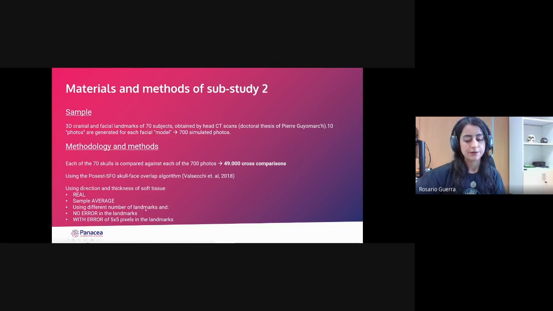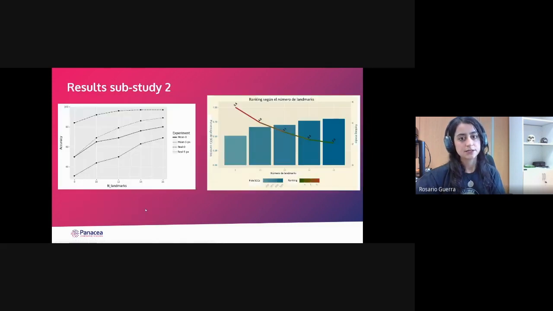Here, what we are varying is the number of landmarks that we are using. So here is the perfect example, like we said, but using only up to 16 landmarks. So we never get to 100% accuracy if we don't use a greater number of landmarks.